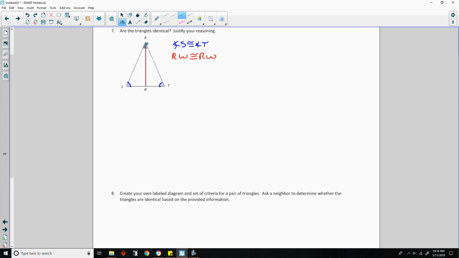Alrighty, and then we have this angle here marked, so angle SRW is congruent to angle TRW.